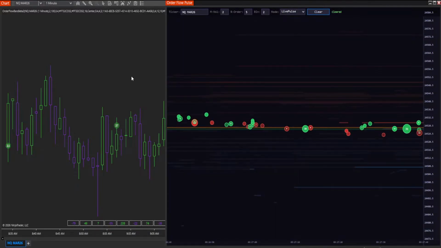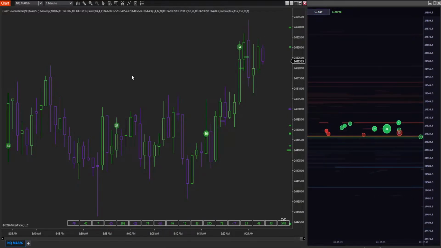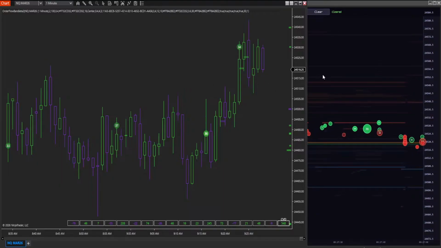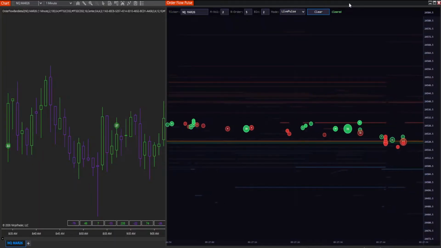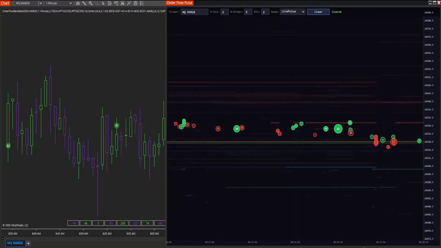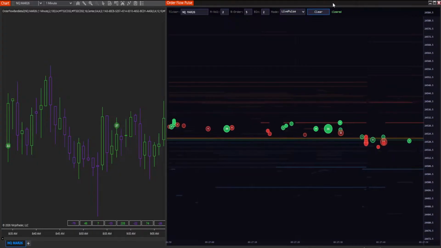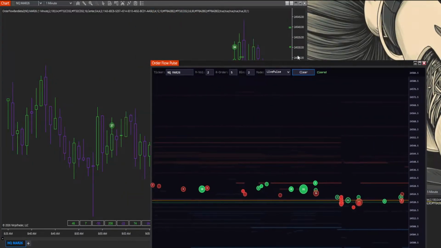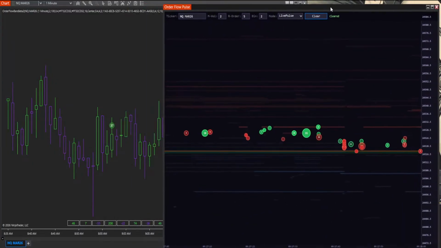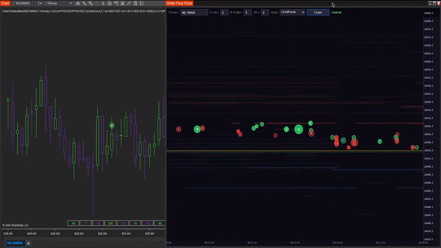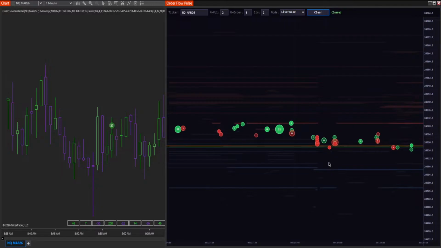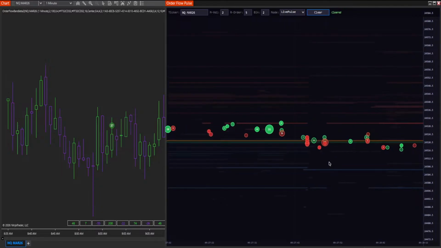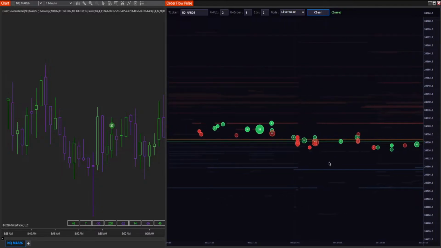My plans are to get this order flow pulse working pretty solid. It seems like it is working pretty good. The performance is pretty good. We're not lagging or anything. My main thing is I want to get this out there because a lot of people use Bookmap, and Bookmap is a fantastic platform.